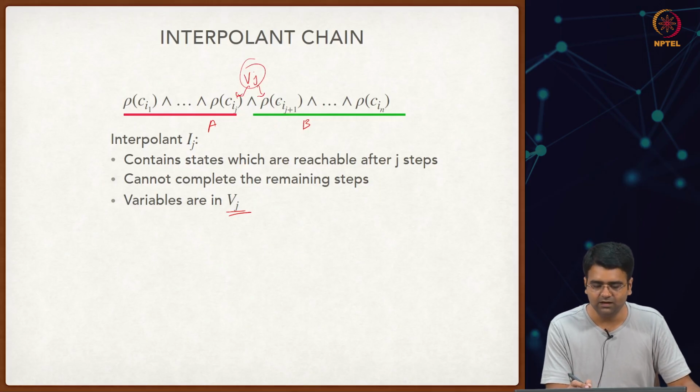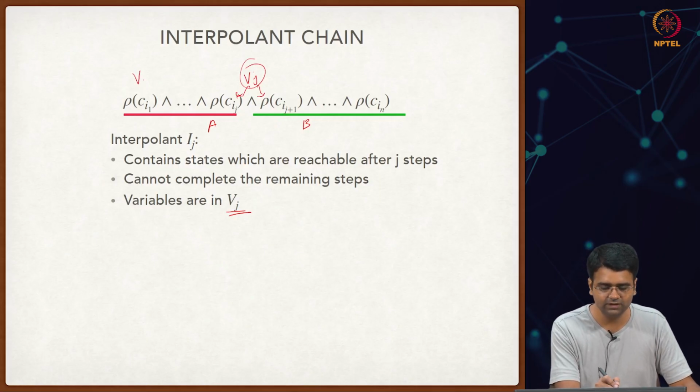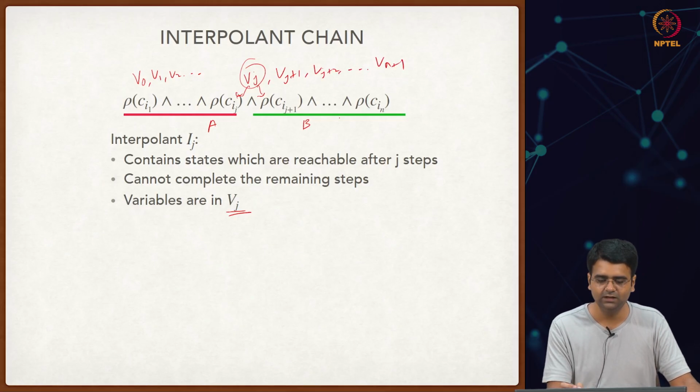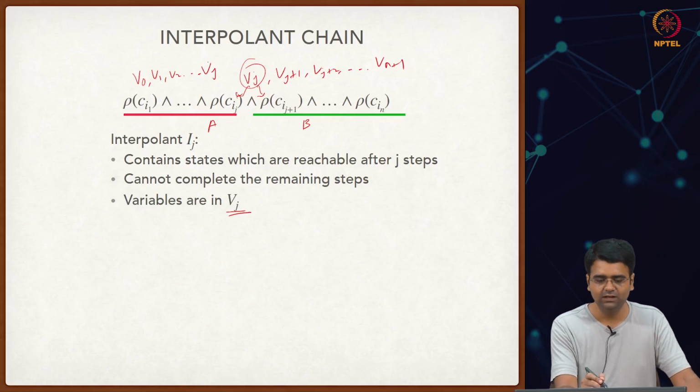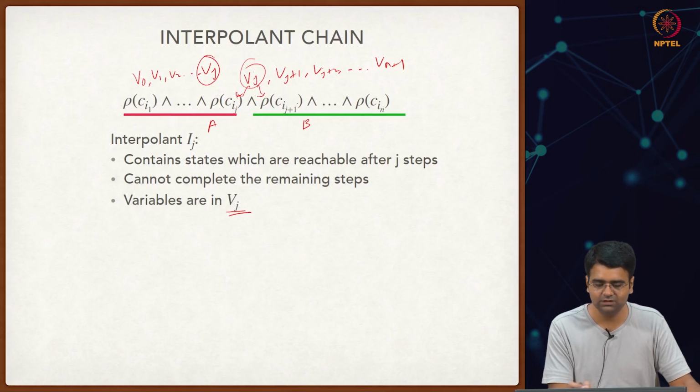All other variables, we are going to use variables such as V0, V1, V2 and so on, and here we are going to use variables Vj plus 1, Vj plus 2 and so on up to Vn plus 1, but Vj are the only common variables between these two formulas, okay.